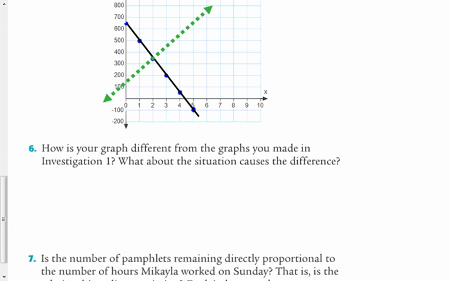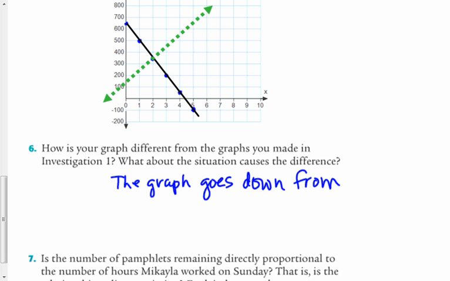Now this graph goes down from left to right. And that's how you identify a decreasing situation from the graph. If the line is going down as the x values go up, it's a decreasing situation.